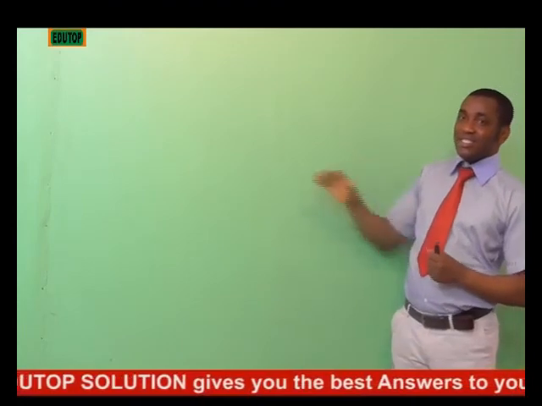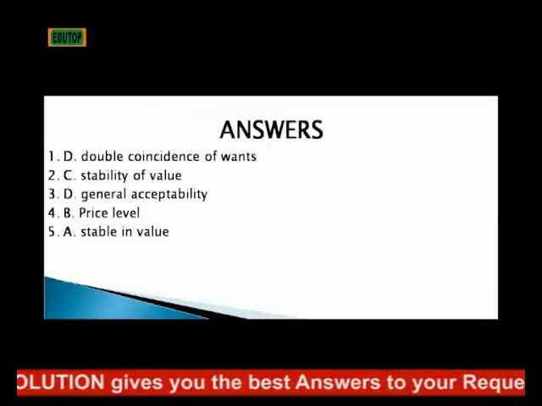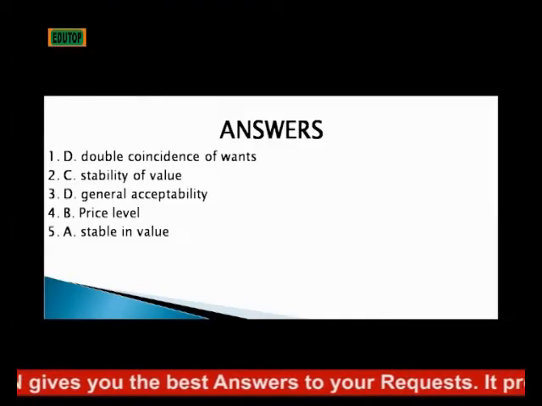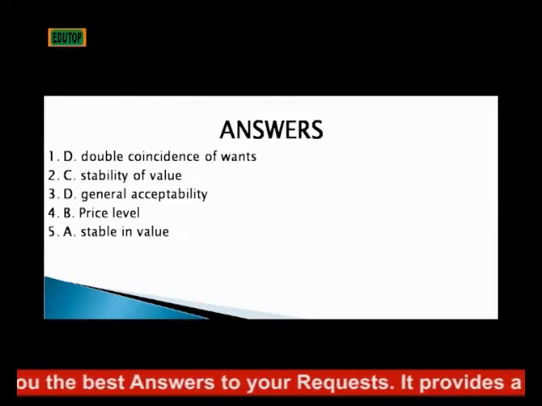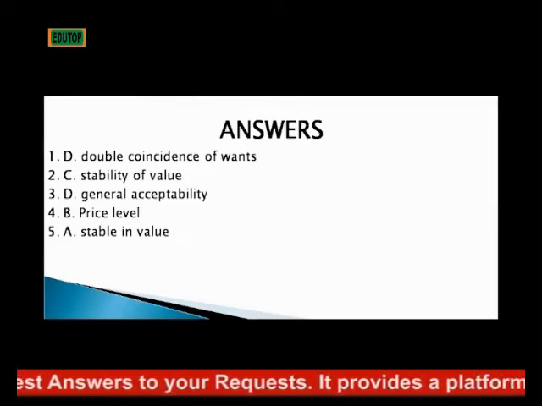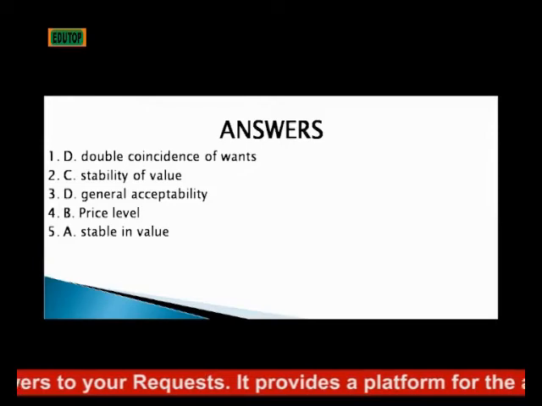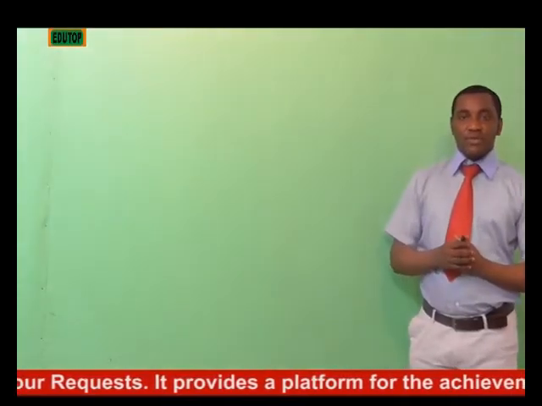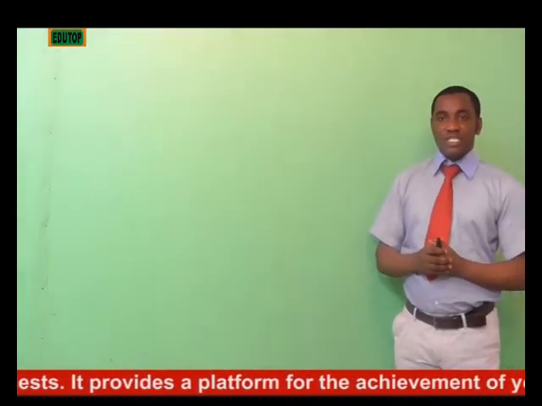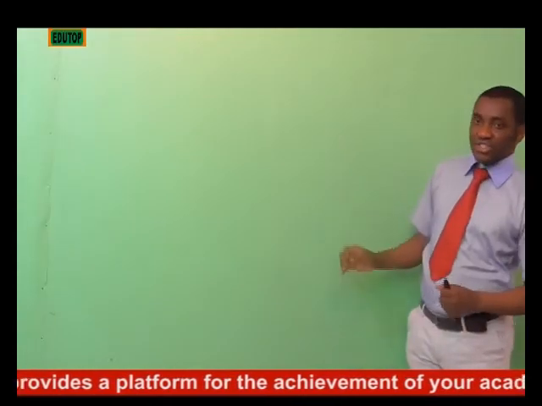Number 3, the most unique quality of money is its dash. It is general acceptability. The most unique quality of money is that it must be generally acceptable by all in the society. And number 4, the value of money is affected by dash.